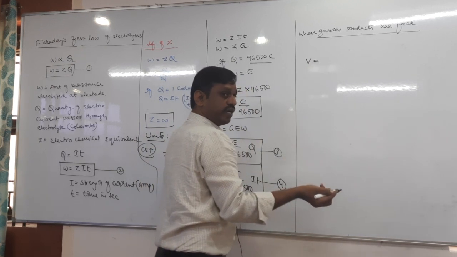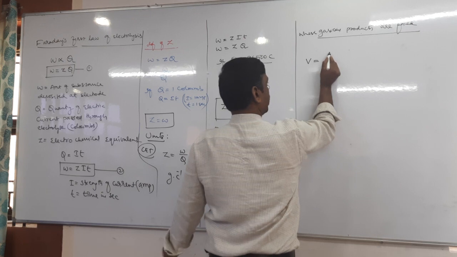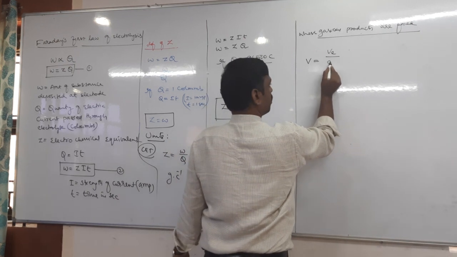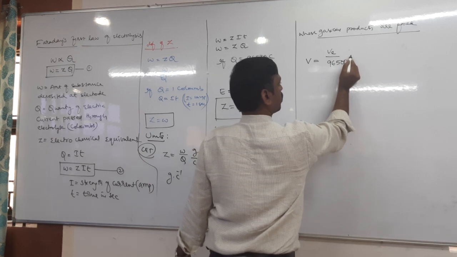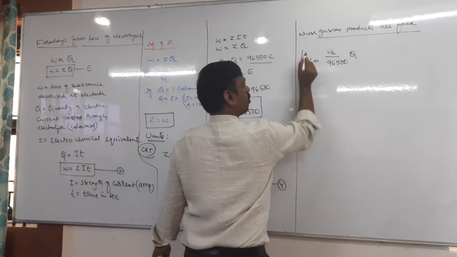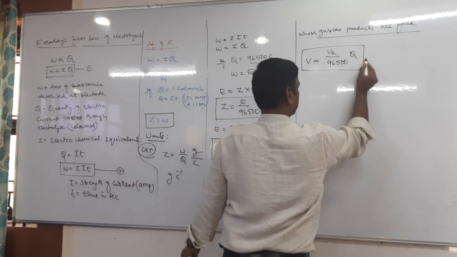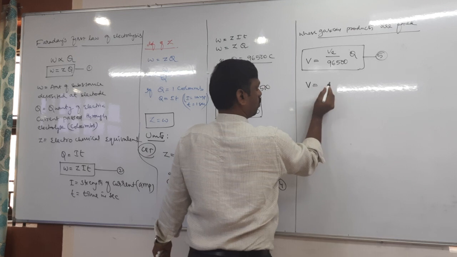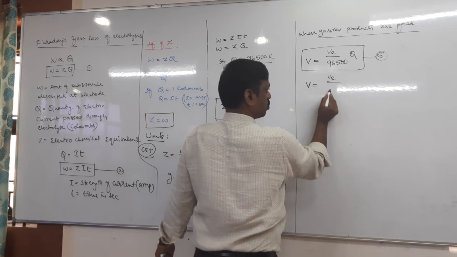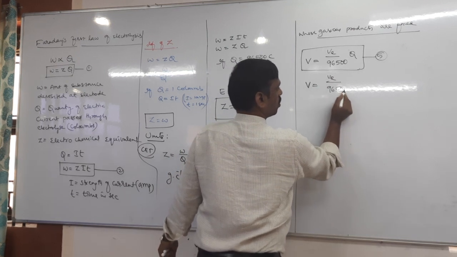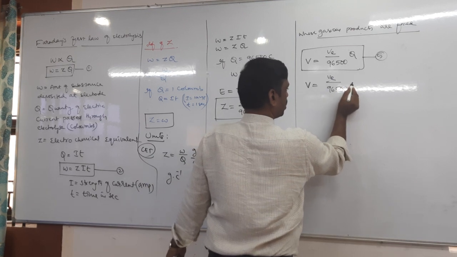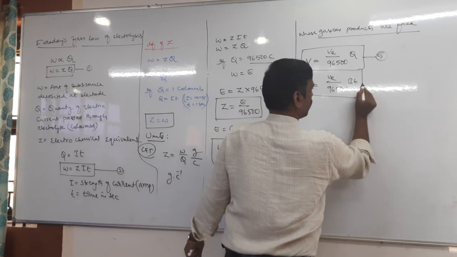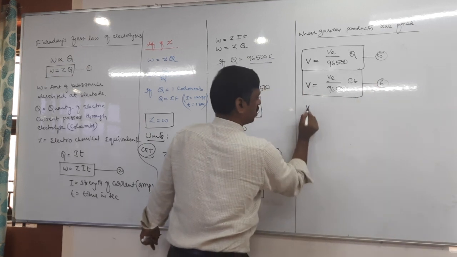Volume of gas liberated is equal to, in place of equivalent weight, take equivalent volume divided by 96,500 into Q. This is one formula. And volume of gas liberated is also equal to equivalent volume by 96,500 coulomb into I into T. This is another formula.